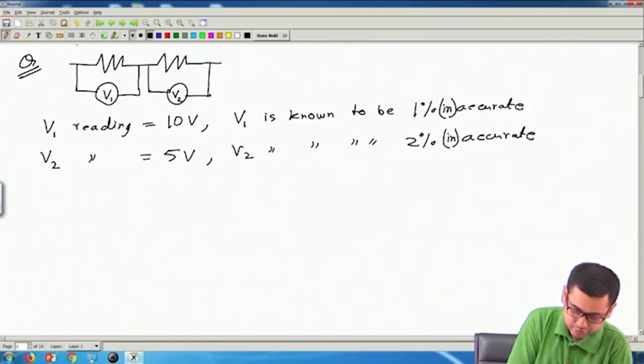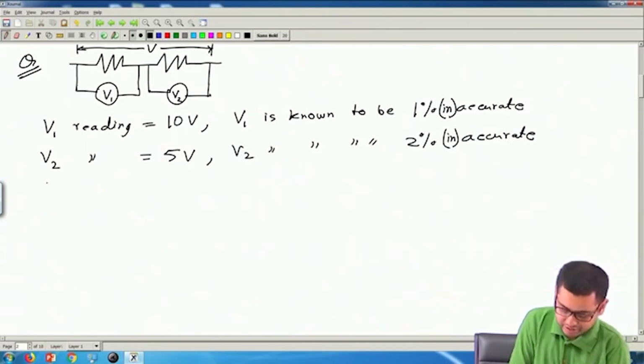so what is this voltage across the two resistances, V? We can estimate this as V1 plus V2, two voltages in series. So that is 10 volt plus 5 volt.